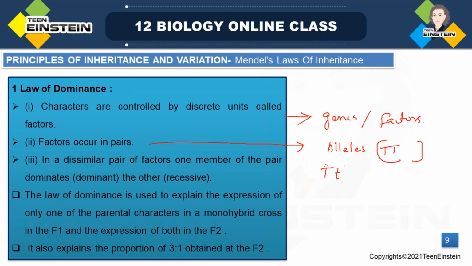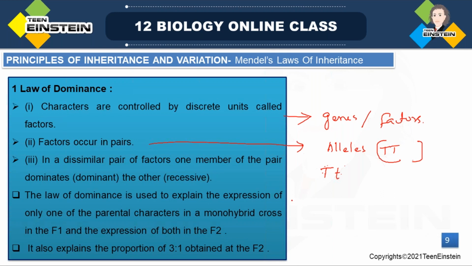The expressing one is called the dominant allele, and the suppressed one is called the recessive allele. The law of dominance is used to explain the expression of only one of the parental characters in a monohybrid cross in the F1, and the expression of both in the F2.